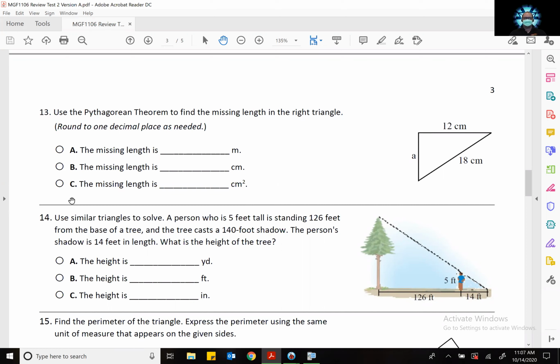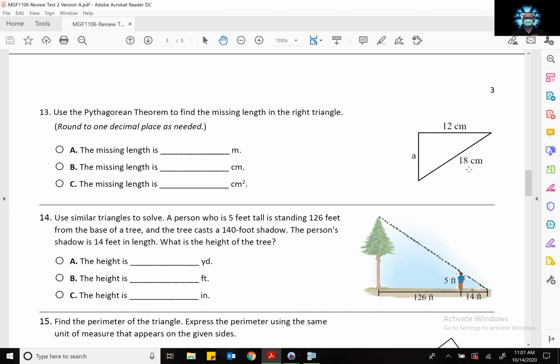So which one do you think we're going to pick? A, B, or C? We're just looking for a length. So we have to convert the answer we got to meters. But all these answers over here are in centimeters.